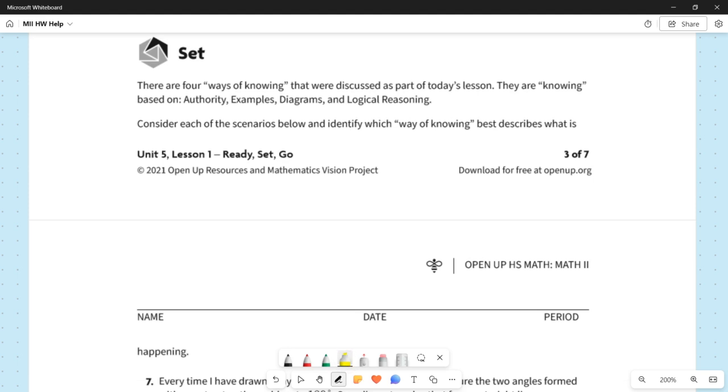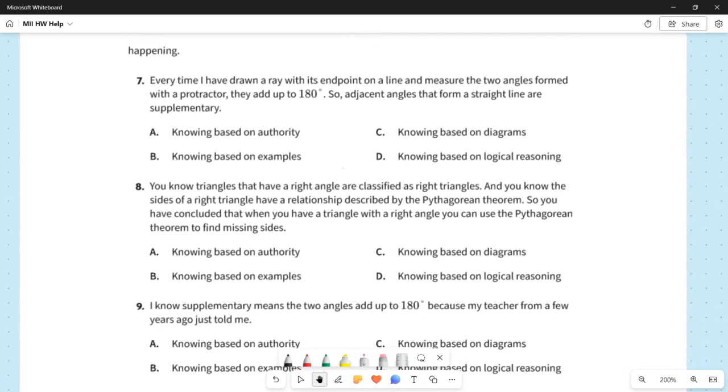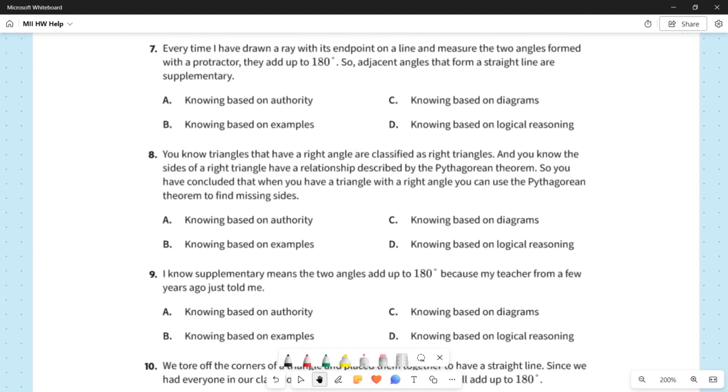And I think that this could be extended to outside of just a geometric or mathematical context, to other areas of your life. So I would encourage you to take anything that you know and ask yourself, well, how do I know that? And chances are it would fall into one of these 4 buckets.